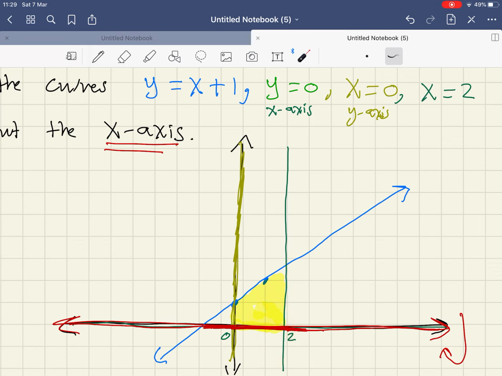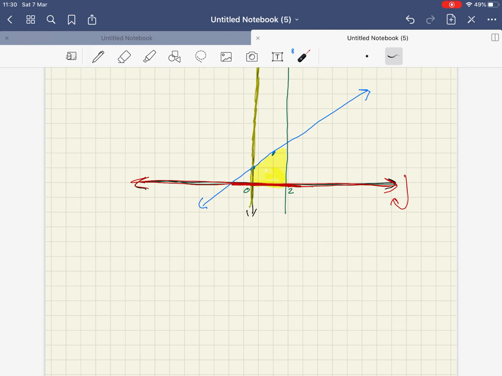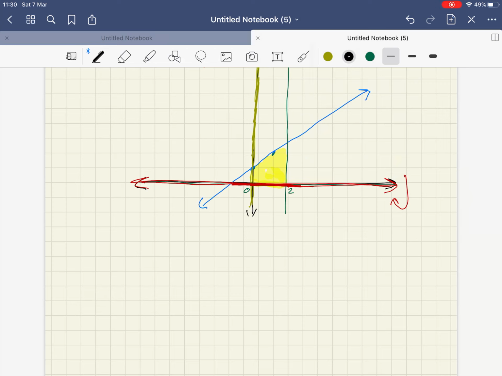So I will get kind of a three-dimensional thing. This is a trapezoid, so you can just imagine if you take it out and then in again. Okay, now, how do we find the volume? What is the formula using the washer method? I can use the disk method here, but I prefer to use one method for you, which will be the washer method.